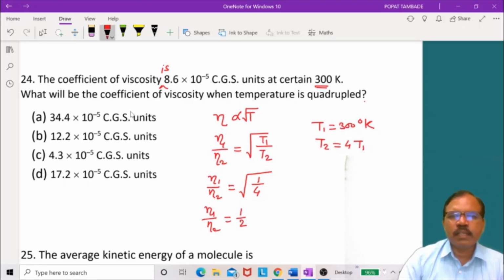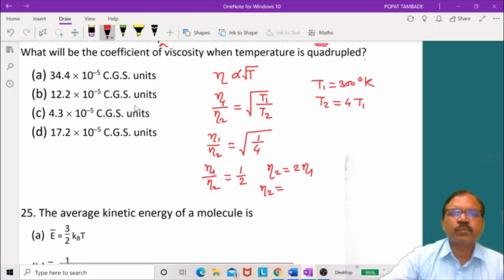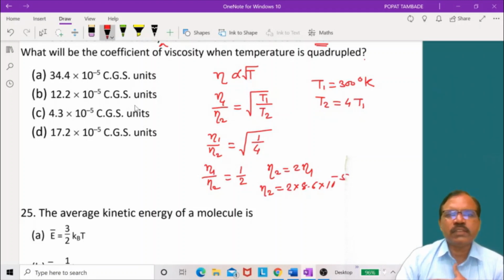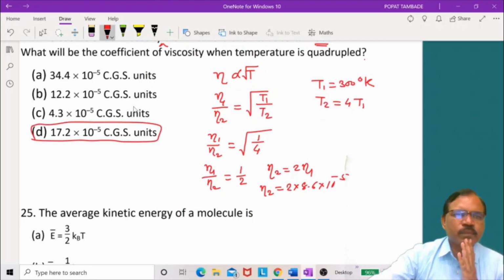So eta 2 is equal to 2 times eta 1, which is 2 into 8.6 into 10 raised to minus 5 in CGS unit. So we'll get this last one. This one is correct.